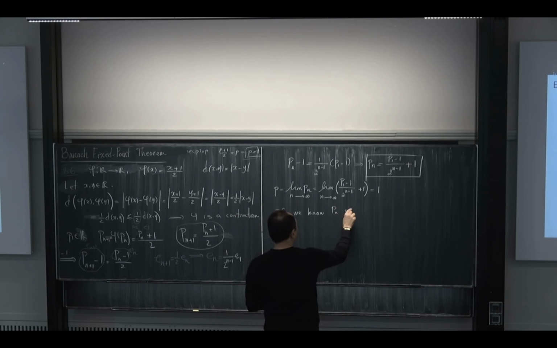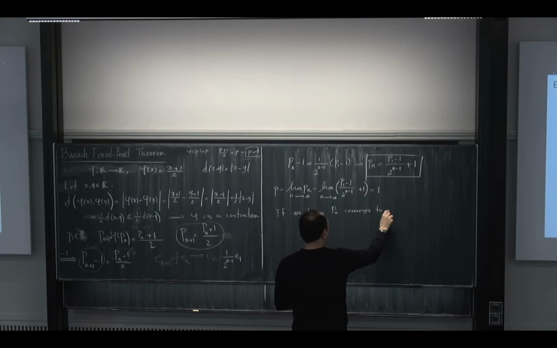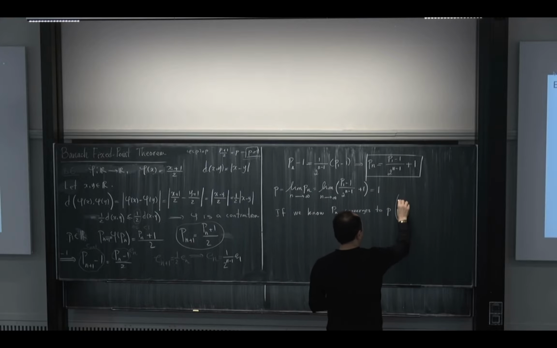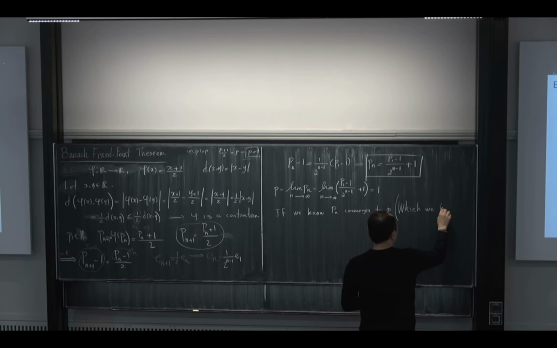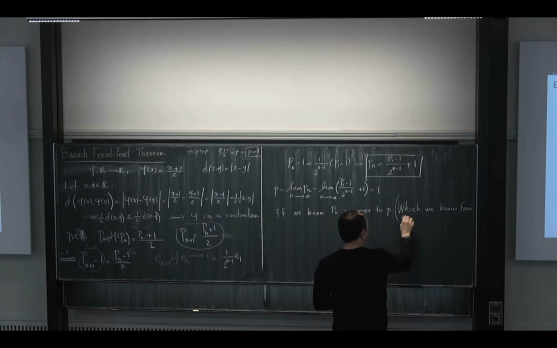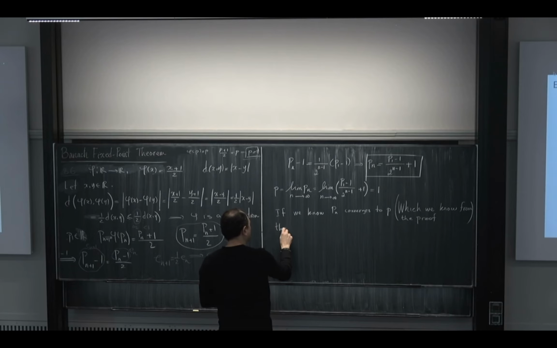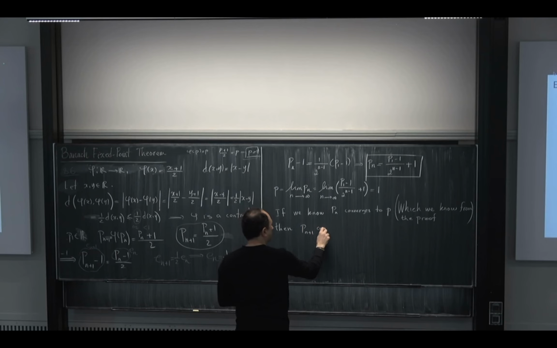So what I do, if we know P_n converges to P, which we know from the proof, then P_(n+1) converges to what?